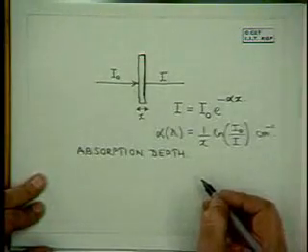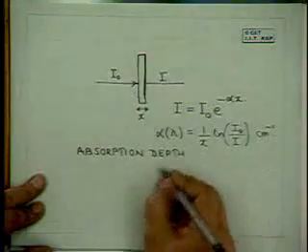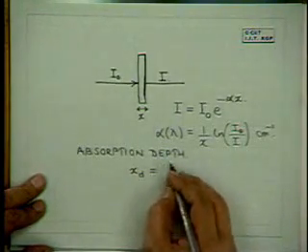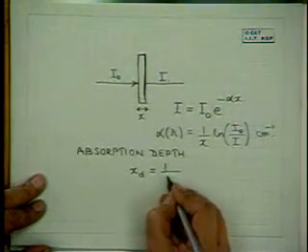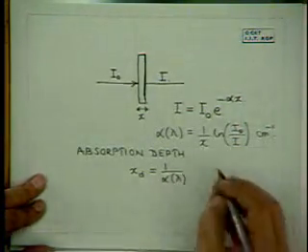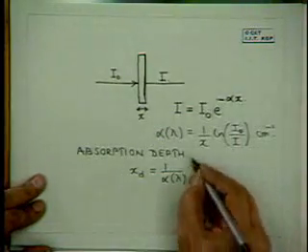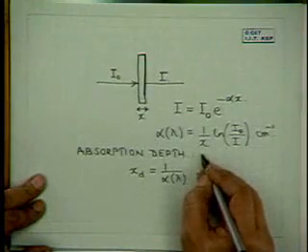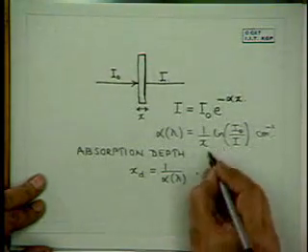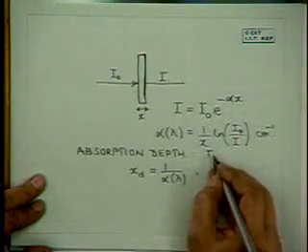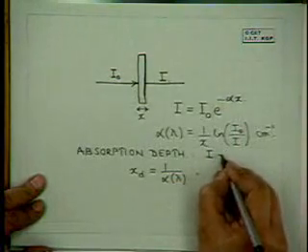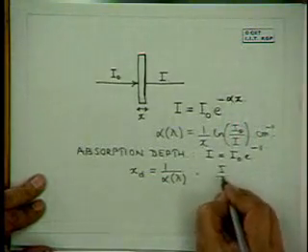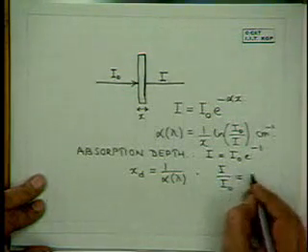Now, you can see that the absorption depth xd will be equal to 1 by alpha, because the absorption depth is defined as the depth at which I is equal to I0 e to the power minus 1, or I by I0 is 1 by e.